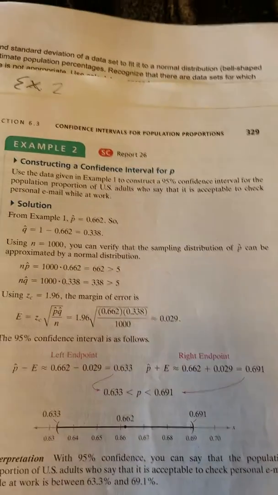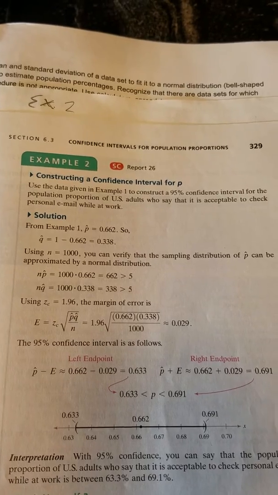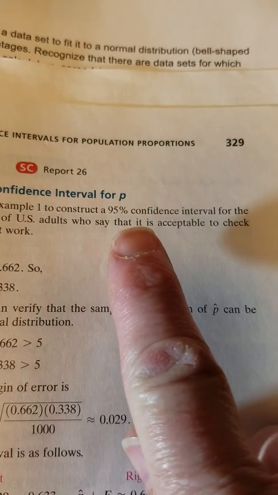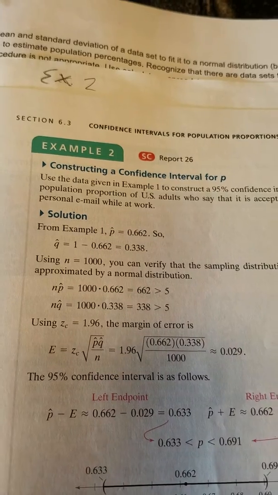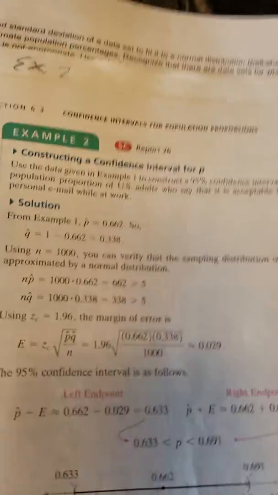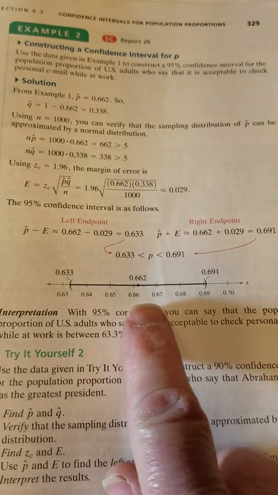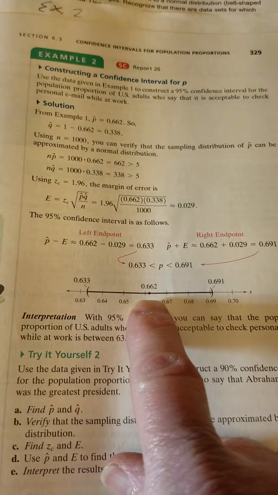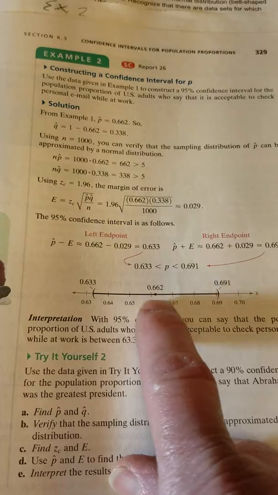It says use the data from example 1 and find a 95% confidence interval for the proportion of U.S. adults who say it's acceptable to check personal email at work. They're doing a lot of work here to get down to right here, this is what we want. See, there's the min, there's the max, and what's in the middle is your midpoint, so your p hat right there.